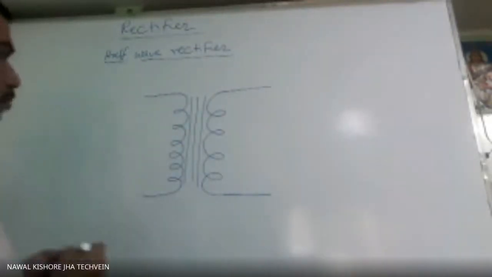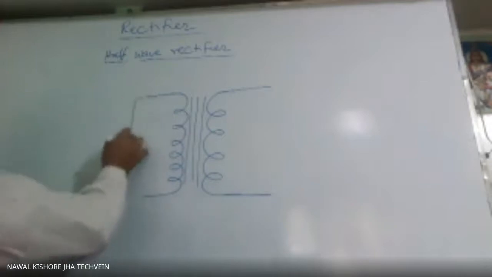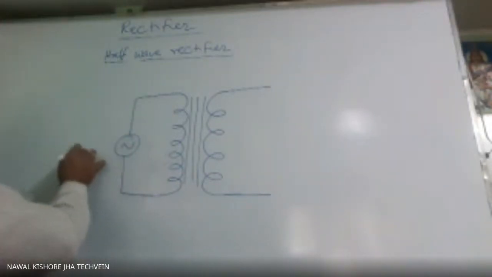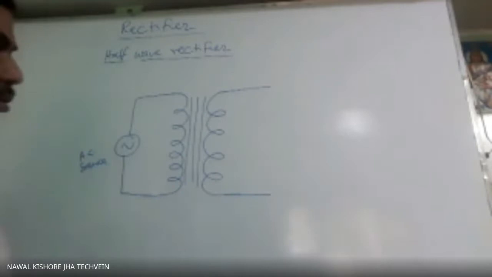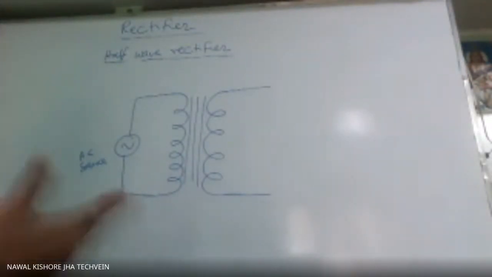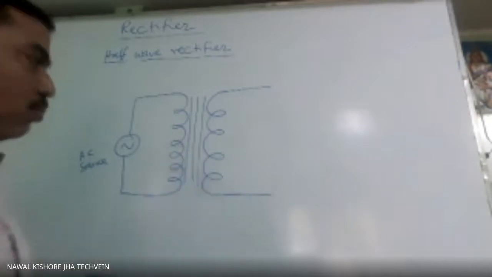So if this is the primary, this is the AC source. Then a step down transformer, maybe step up also in some cases, but generally we require step down only.